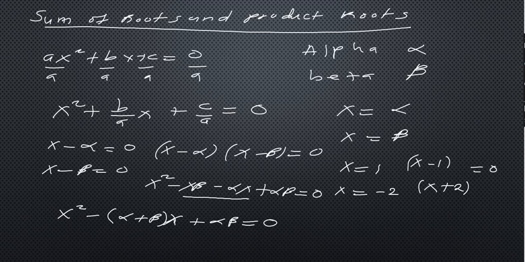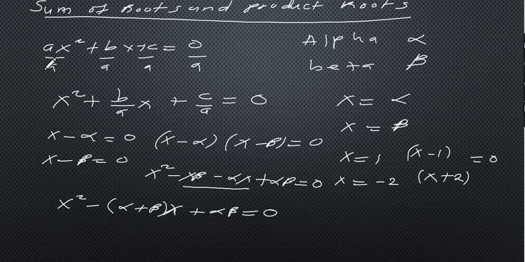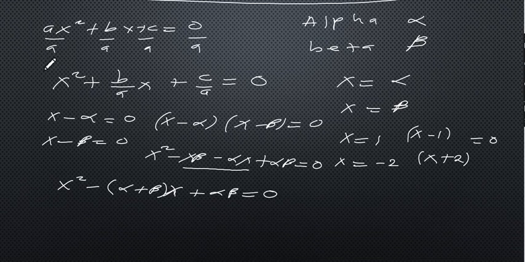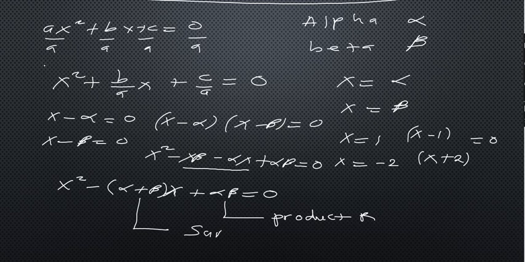Now, one thing that you need to know here is that we're looking at sum of roots and product of roots. So this one is what we call the product of roots. Then this one is called the sum of roots.